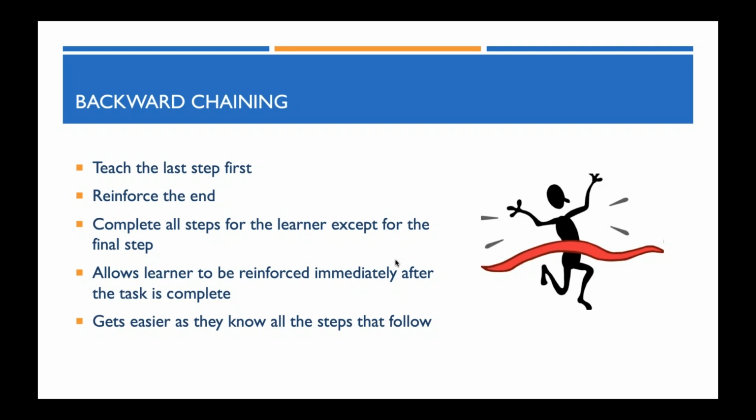One of the advantages of backward chaining is that it allows the learner to be reinforced immediately after the task is complete. Also, let's say your task analysis involves six steps and the learner has already mastered steps five and six. When you're teaching step four, they already know the final two steps of the chain, so it just gets easier for them.